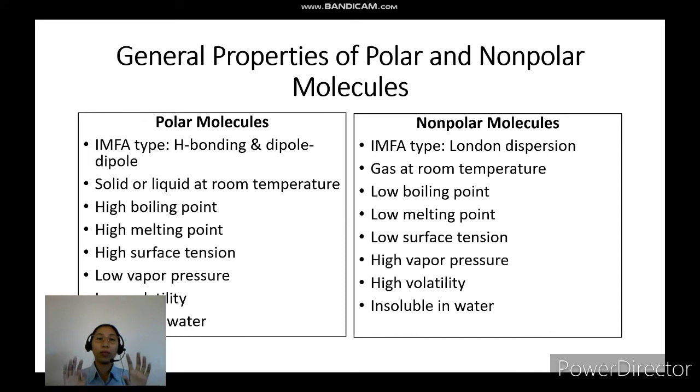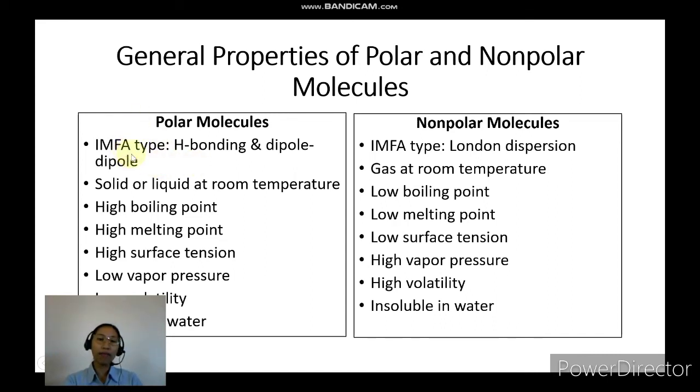So atong i-compare, alright, ang polar molecules and non-polar molecules. So the first one is ang ihang IMFA. Actually, kaning intermolecular forces of attraction is next pa nato ni nga lesson na i-tackle, no? Pero pahapyaw lang, no?